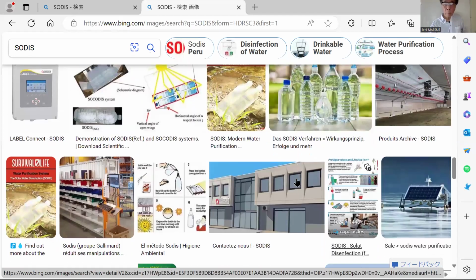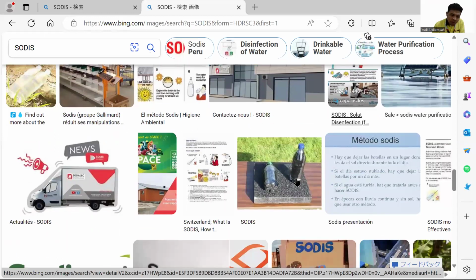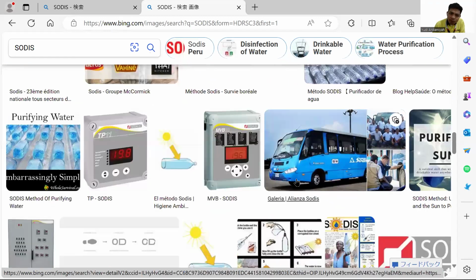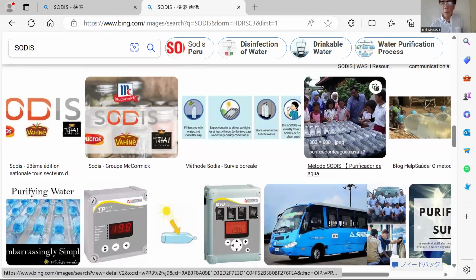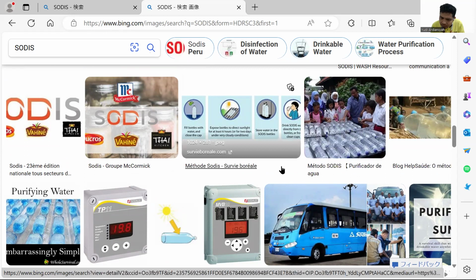Maybe in Indonesia we say it about water, solar disinfection. The idea is a PET bottle of water left in sunlight for at least 6 hours, then it becomes disinfected, they say.